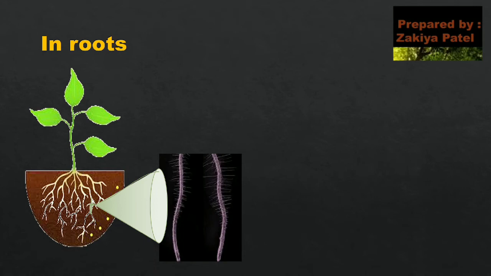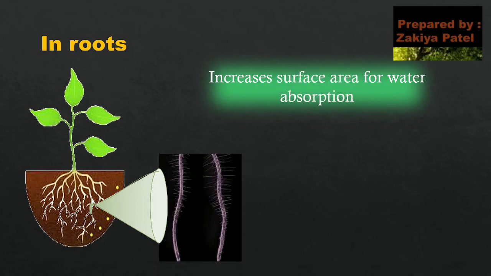Now, what is the function of these hair-like structures? These hair-like structures increase the surface area for water absorption, as the main function of the root is to absorb water from the ground. So what is the protective tissue present over here? The epidermal cells are converted into hair-like structures, and these hair-like structures increase the surface area for water absorption.